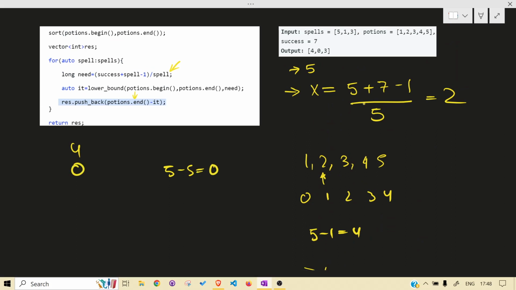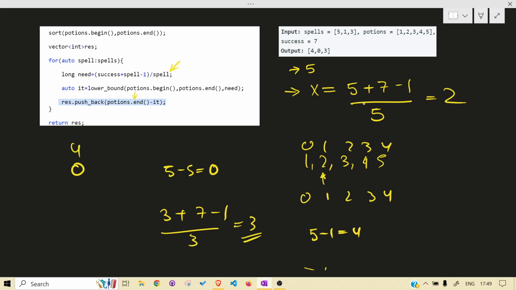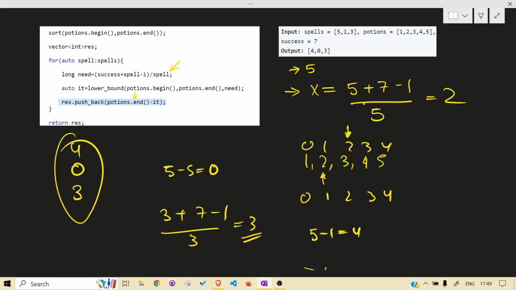Now we are taking 3, so we will again calculate that X, and it's 9 and it's 3, so we will check that in this portion vector, and we get 2 over here, and we do 5 minus 2, so 3, and we have this inside this, and we just return it.